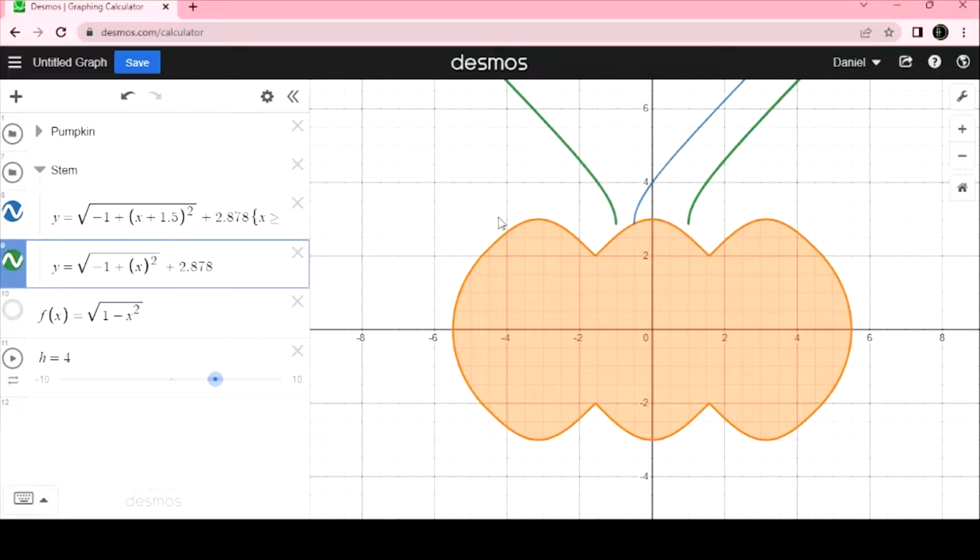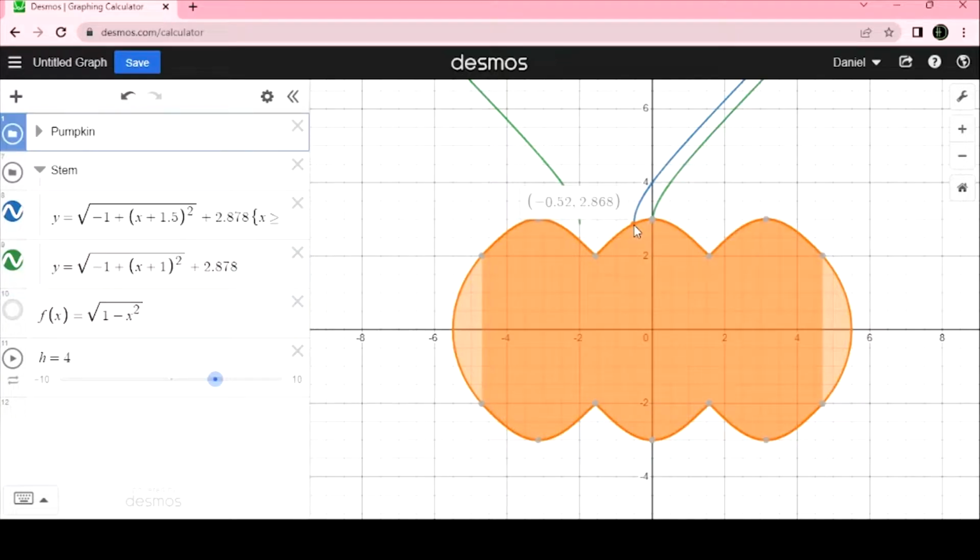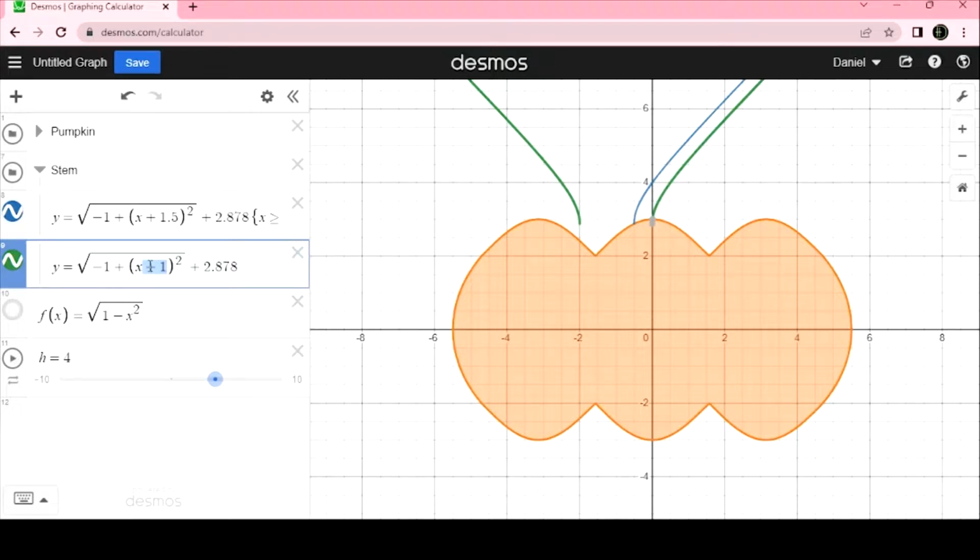So we would add 1 to get it centered, and then we would subtract the 0.5 we want to get it over, so it'd be minus 0.5. So that is there. And so if we subtract, okay.